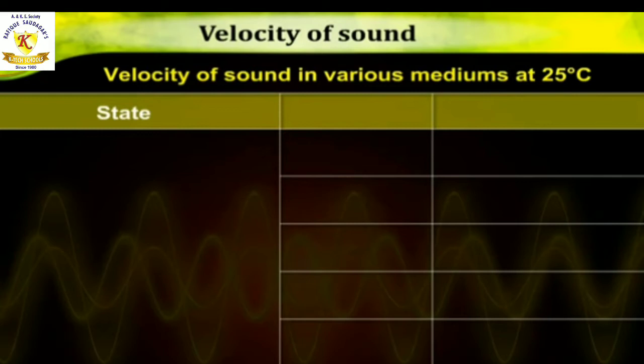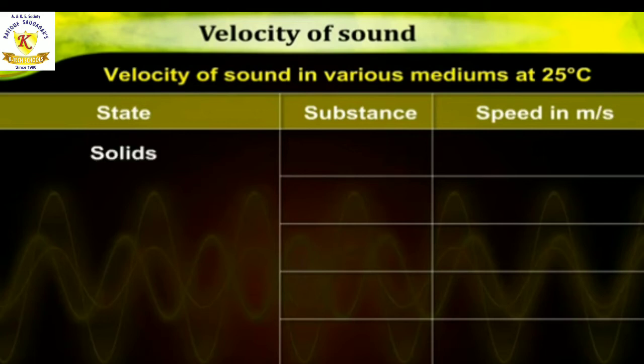So here is the table of 3 columns. First we have the state, in the second column substance, and in the third, speed in meter per second. So the first is solid. In solid state, the substance we have is aluminium. So the speed would be 5420 meter per second.